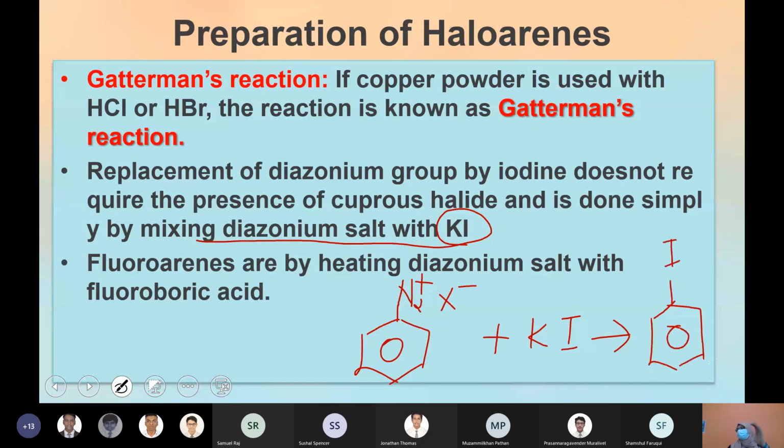So it's not coming under Sandmeyer's reaction. This is just the preparation of iodobenzene, where first you do the diazotization and then treat it with potassium iodide. Sandmeyer's means only chlorine and bromine, and for the Gattermann reaction also it is preparation of chlorobenzene or bromobenzene. The only difference is that the reagents in the second step are different.